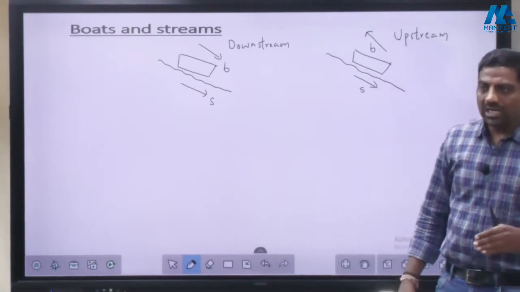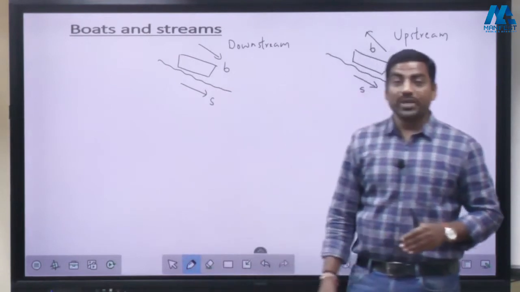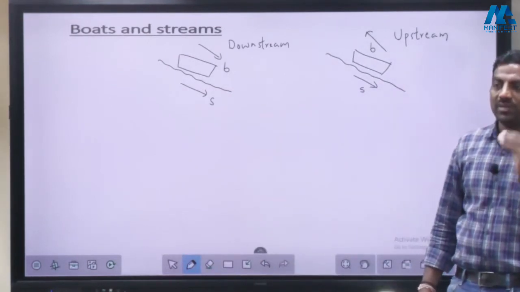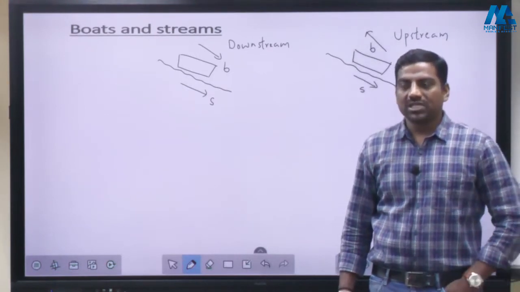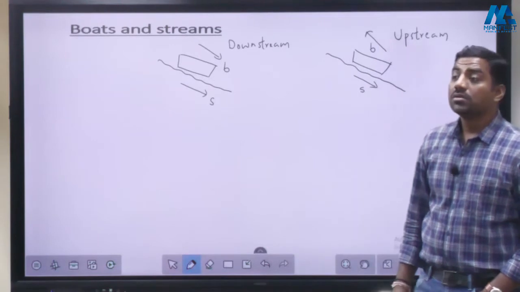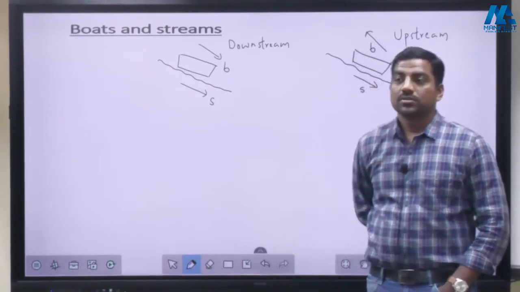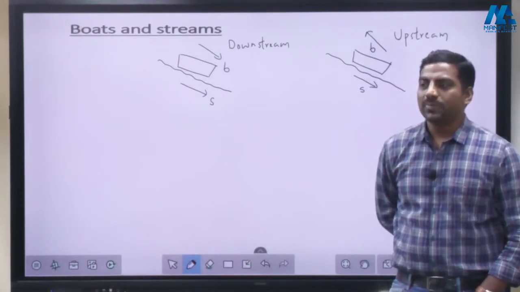Yes. Now tell me, in this case, what will be the effective speed? Speed of the boat is B, speed of the stream is S. What is the effective speed of the journey?